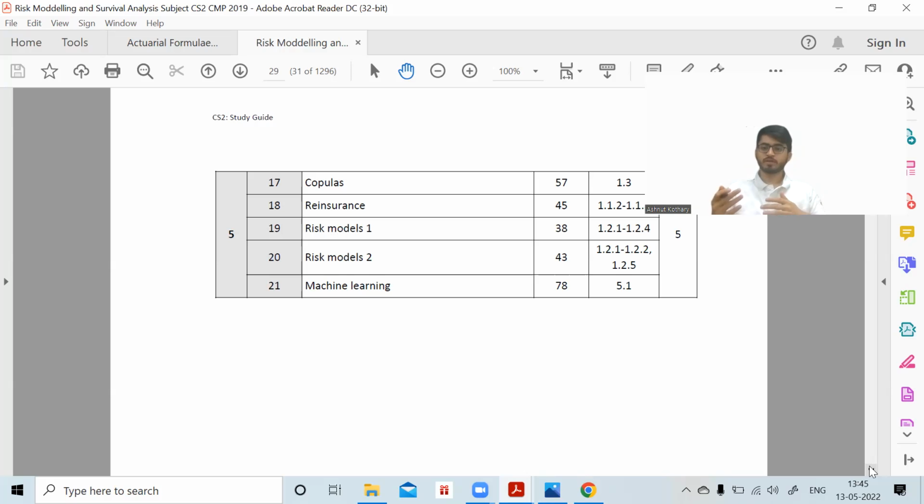So you cannot directly solve the entire CT6 paper, because some portions have been shifted to CS1 and some portions to CM2. You should attempt only the topics which are there, which you will be able to identify relatively easily.